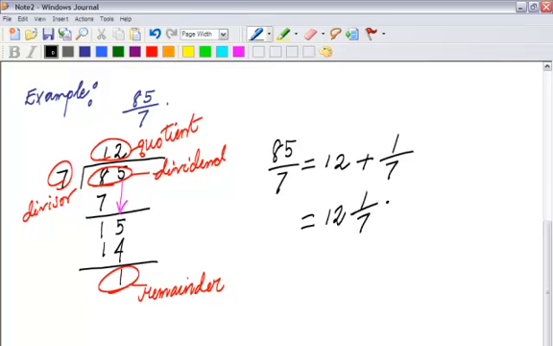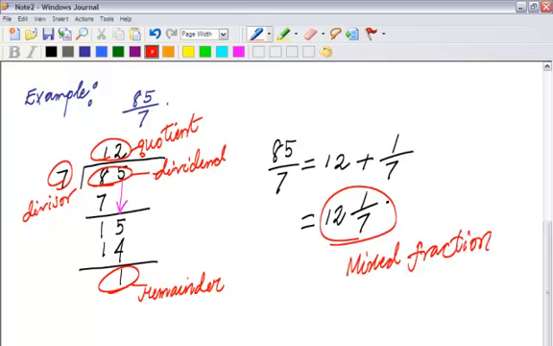Okay, these are called mixed fractions. When we write 12 plus 1/7 as 12 and 1/7, this notation here is called a mixed fraction. That's the same as 85 over 7.